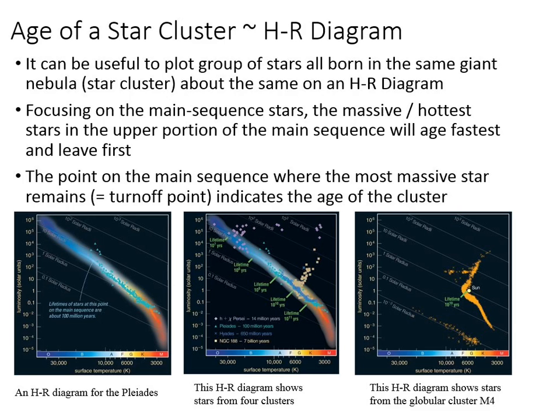The turn-off point is basically the most massive star that's still clicking away on the main sequence. So the higher up the turn-off point, the younger the cluster of stars. The lower the turn-off point, the older the cluster of stars. I think that's cool.